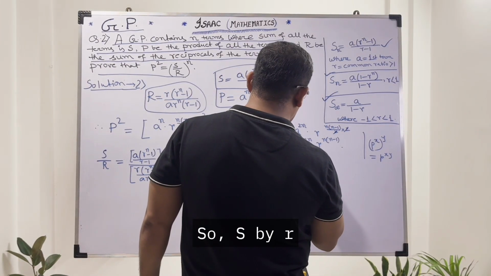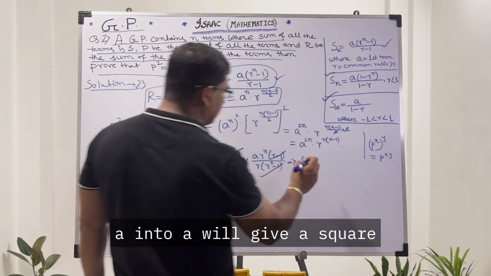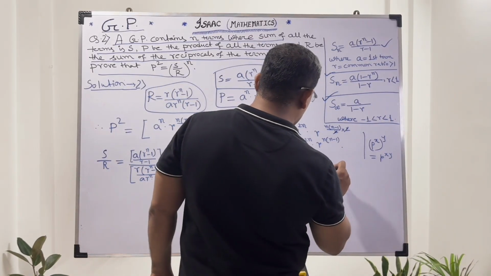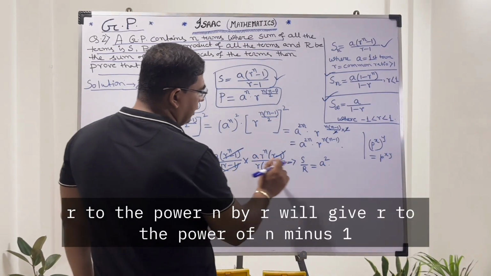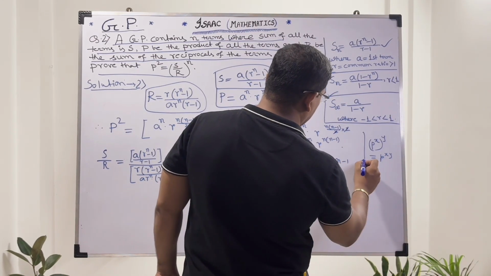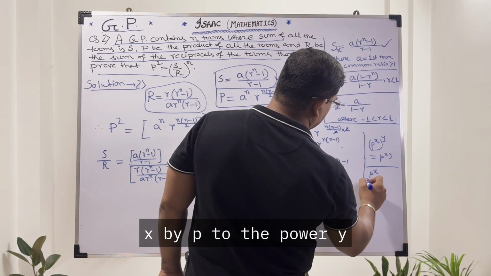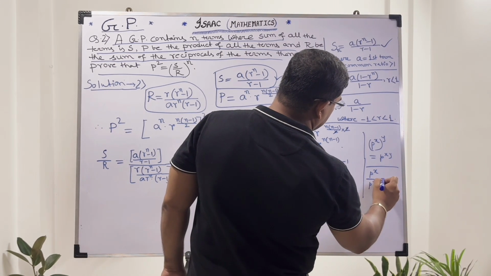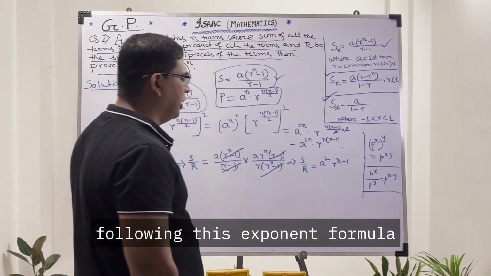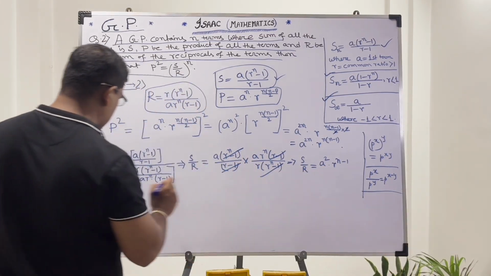So, S by R becomes A into A will give A square, into R to the power n by R will give R to the power of n minus 1, by following this identity: P to the power x by P to the power y equals P to the power of x minus y. R to the power n by R means R to the power of n minus 1.